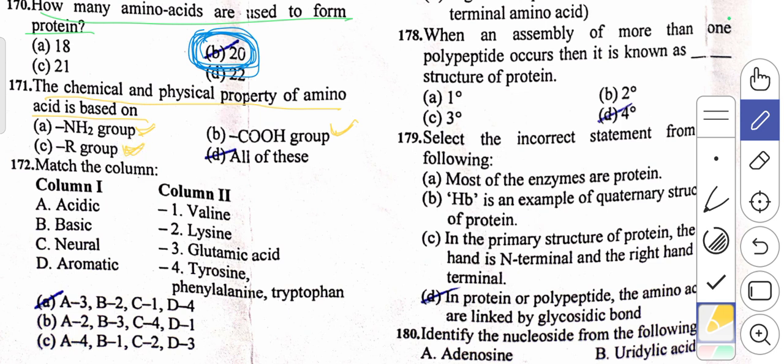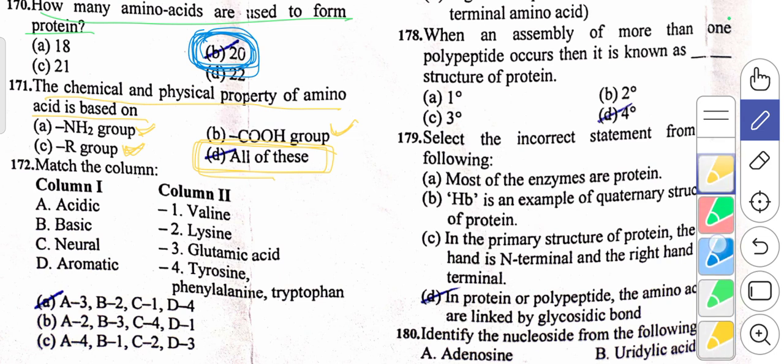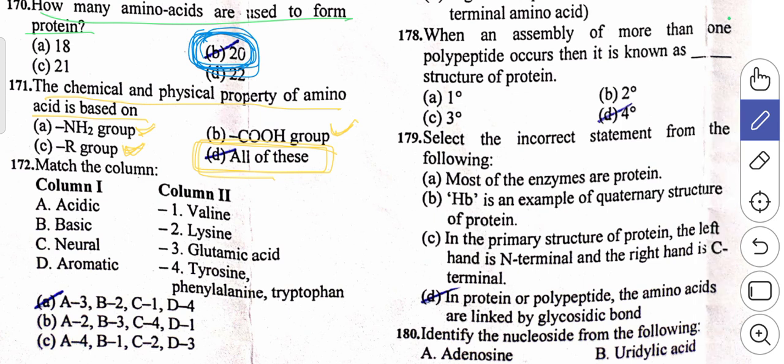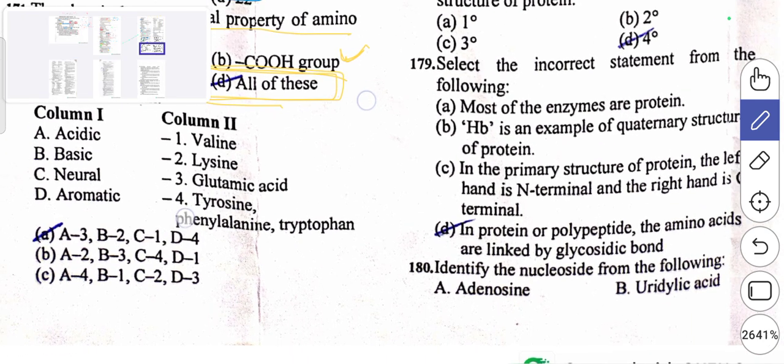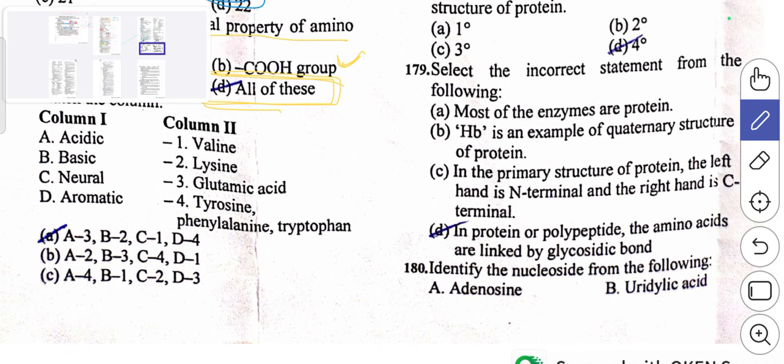So all of these is the right answer for this one. These three different groups present in an amino acid will decide the property of the amino acid. So hence it is all of these here.